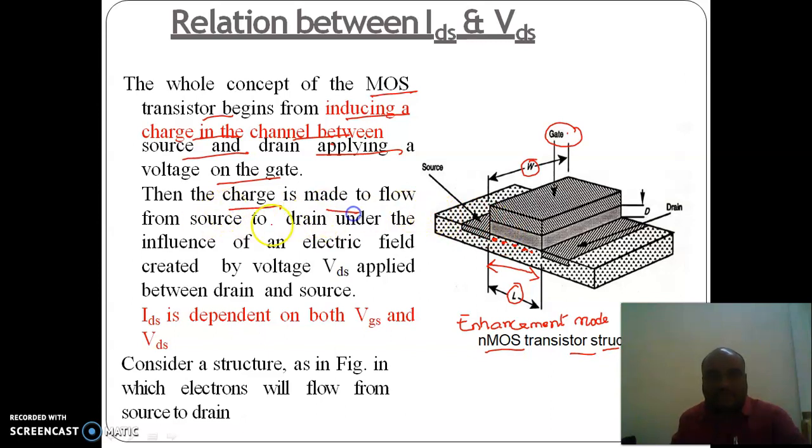This charge is made to flow from source to drain under the influence of the electric field created between drain and source, that is, the potential applied, VDS. So this IDS is dependent on both the gate voltage applied and the drain to source voltage applied.